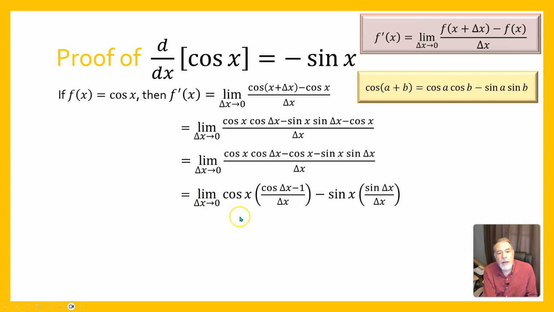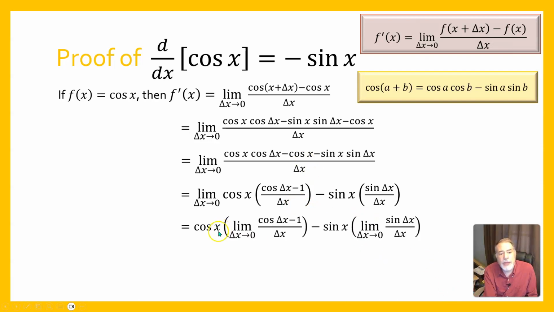And since the limit of a constant times a function is equal to the constant times the limit of the function, and also the limit of something minus something else is the limit of the first thing minus the limit of the second thing, I can rewrite this as cosine x times the limit as delta x approaches 0 of cosine delta x minus 1 over delta x, minus sine of x times the limit as delta x approaches 0 of sine of delta x over delta x.